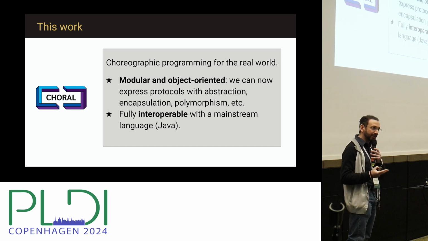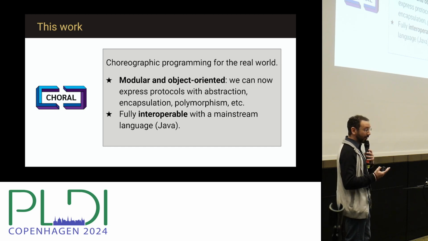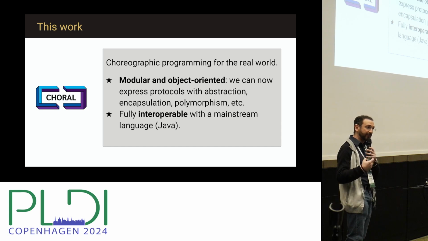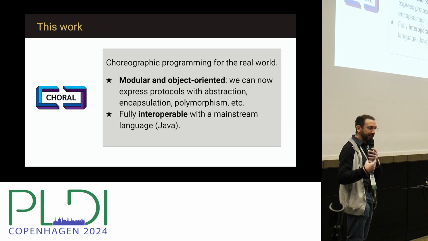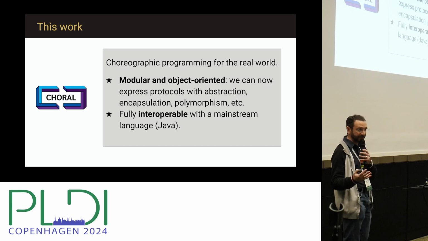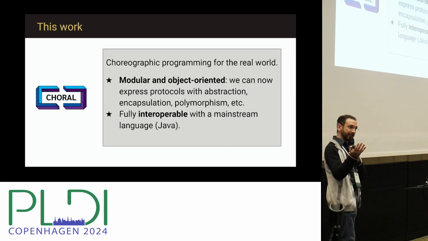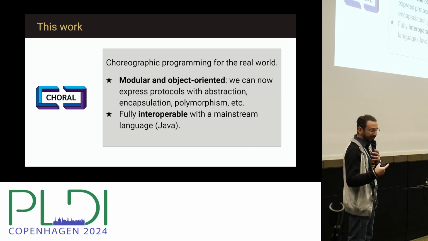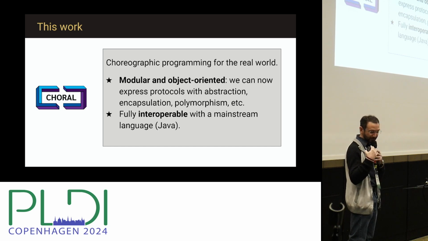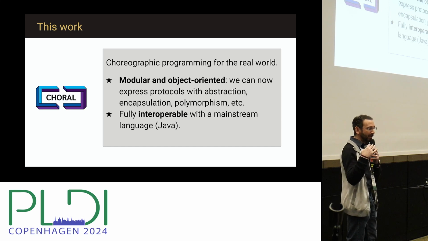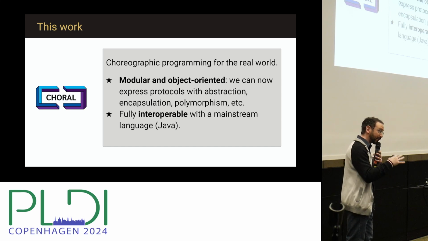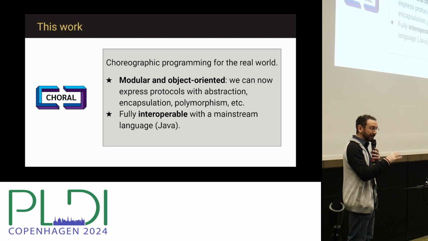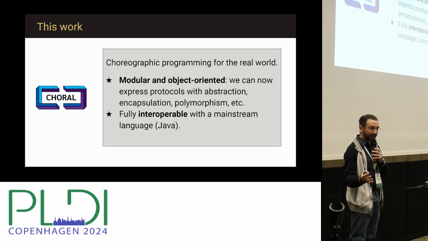By marrying choreographic programming with object orientation, we found new understandings of abstraction, encapsulation, and polymorphism, because we are elevating those to the level of choreography, so to the level of the distributed system. And the additional interesting point is that we modeled Choral as close as possible to Java, so that it feels like Java and you can interact with Java programming.